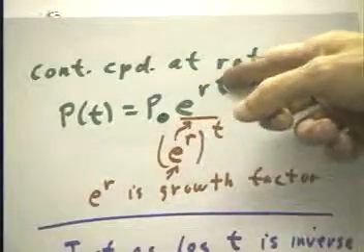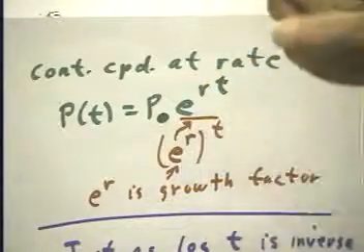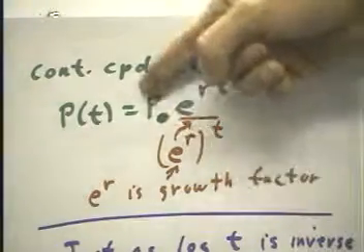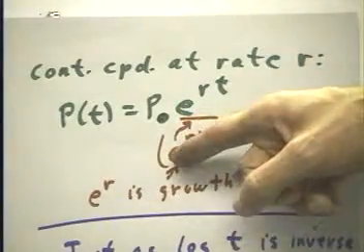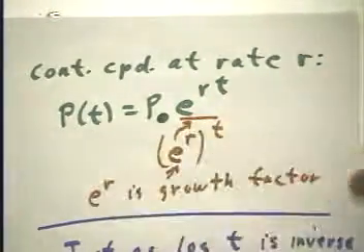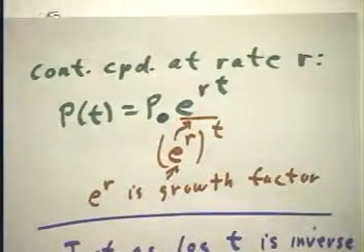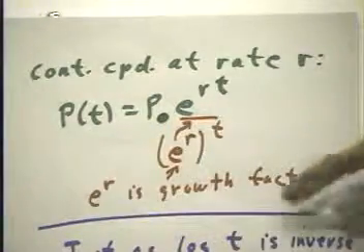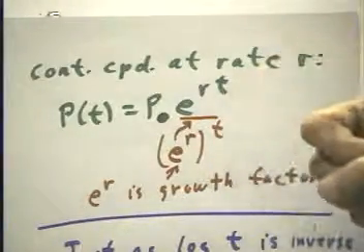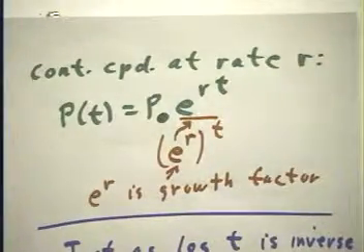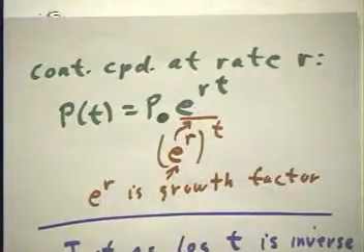Remember that e to the rt is just e to the r raised to the t. So this could be written as P0 times e to the r raised to the t. And now we can see e to the r as being our annual growth factor, or the growth factor that corresponds to 1 unit of t, whatever we measure t in. Okay? So that's continuous compounding.